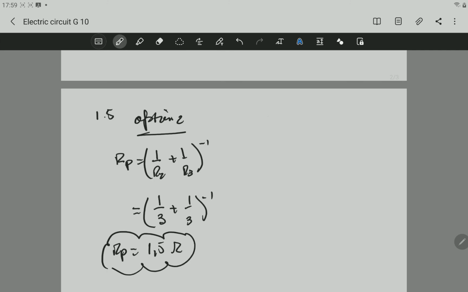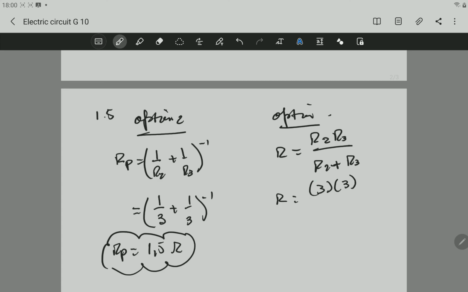Now option 2, we can use the other formula because we have only 2 resistors. The product of R2 and R3 divided by the addition of R2 plus R3. If you substitute, you have 3 times 3 divided by 3 plus 3. And the equivalent resistance in parallel is 1,5 ohm.